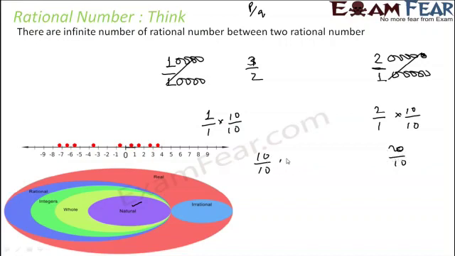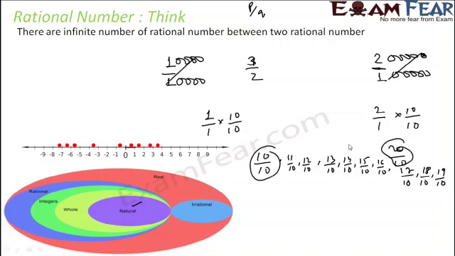You can write 11/10, 12/10, 13/10, 14/10, 15/10, then 16/10, 17/10, 18/10, 19/10. All these numbers are between 1 and 2.